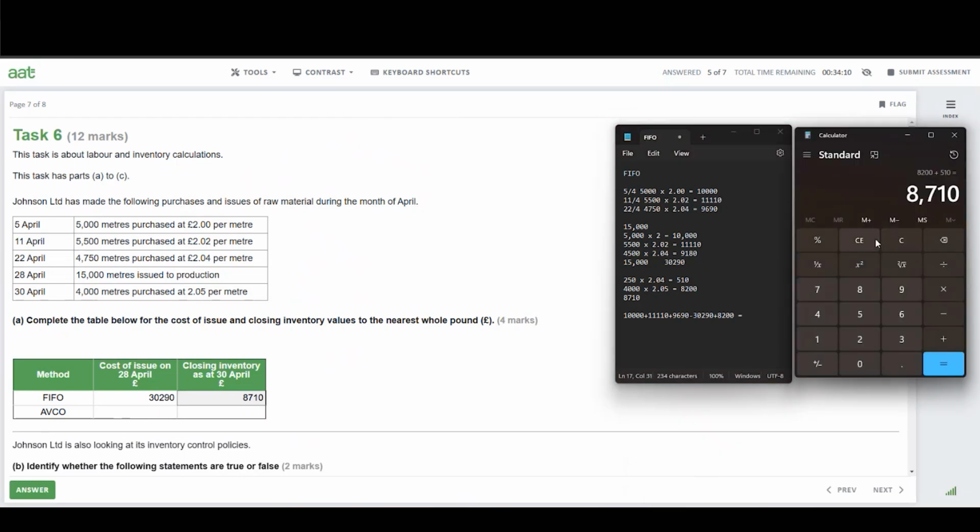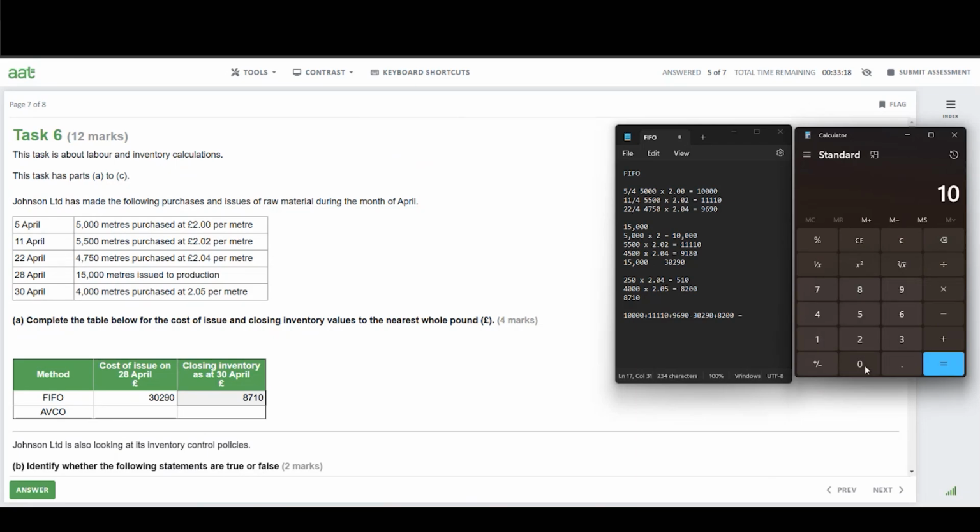So you can always do a double check. If you add together the cost of everything that you've received and subtract the cost of issue that you've calculated, that should come back to your closing inventory valuation if you didn't want to just work out which units were left in stock.